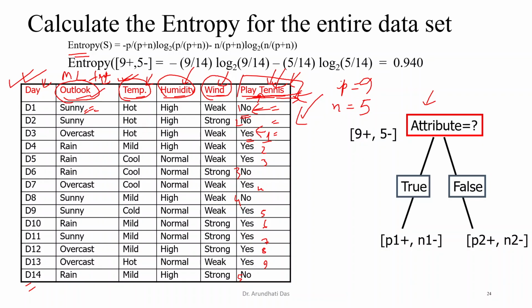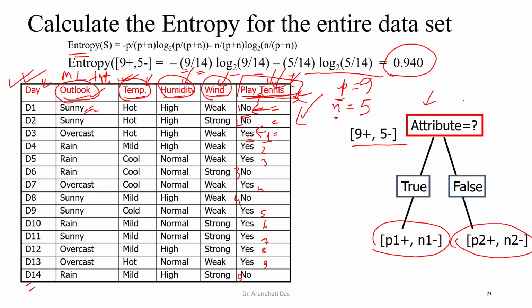Once I have these P and N values, I can substitute them in the formula of entropy, and we can calculate the entropy value, which is 0.94. Further, we will also calculate the information gain value. Finally, I have to find the information gain for this particular attribute.